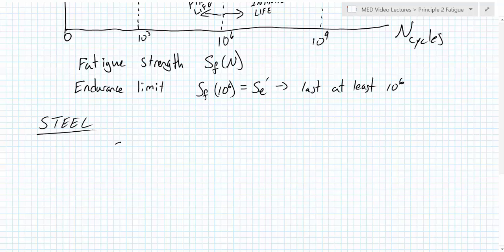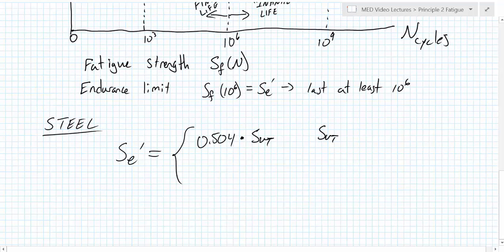So the hypothetical endurance strength, under this pure bending situation, is equal to about 0.504 times the ultimate strength. For the most part, we can just use half, multiplied times the ultimate strength, as long as our ultimate strength is less than about 200 kpsi. That's equivalent to about 1,400 megapascals.